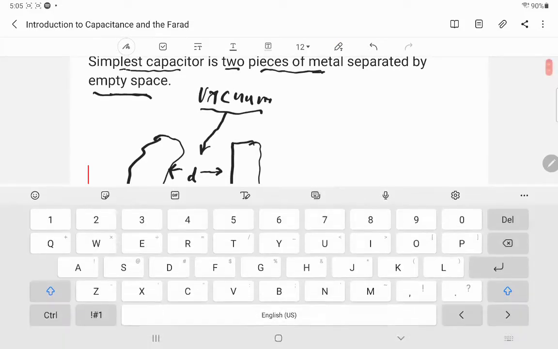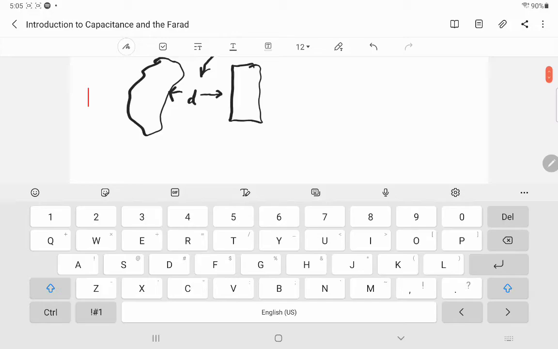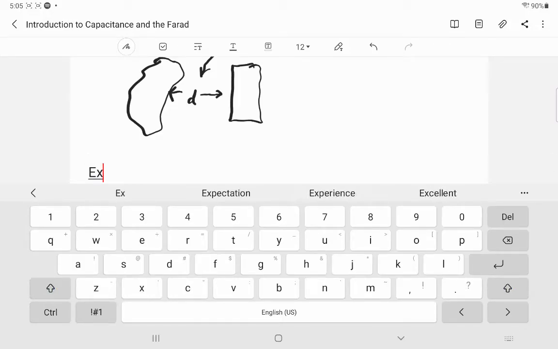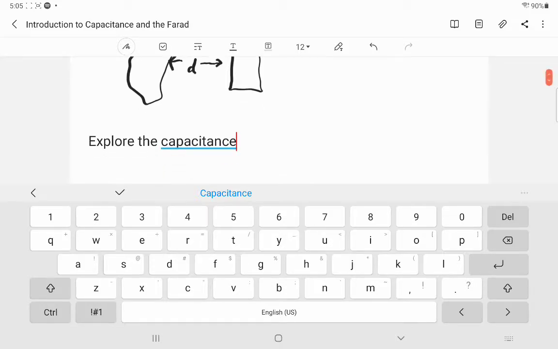So what you can do, though, is explore the capacitance. And what this means is the following, right?